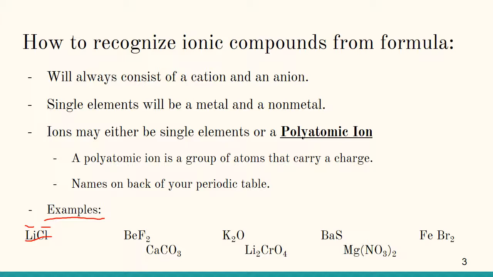We can also throw a polyatomic ion in there in place of one or the other. So down here, this NO3 is all one polyatomic ion. So that entire thing is going to be our negative charge, and this magnesium here by itself is going to be our positive charge. So we still end up with a positive and a negative, it's just that our negative is a little bit different.